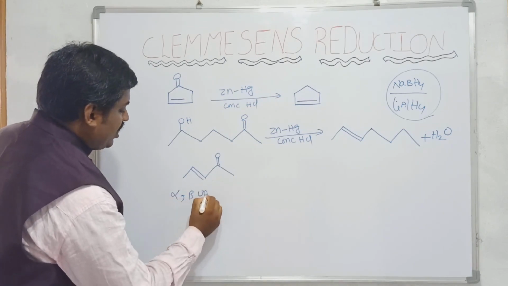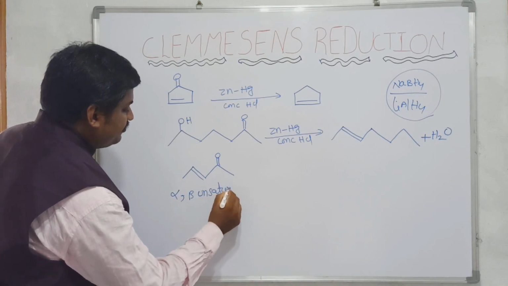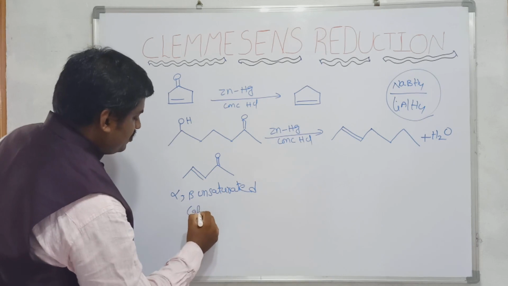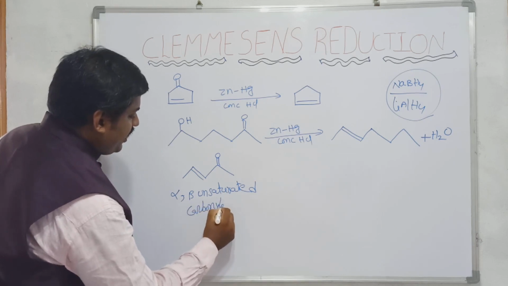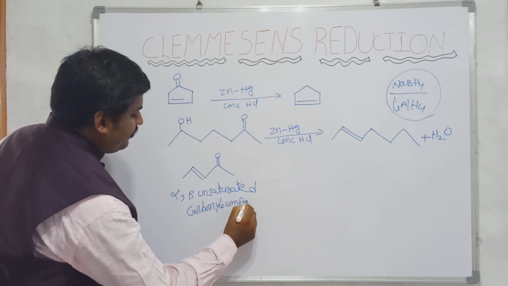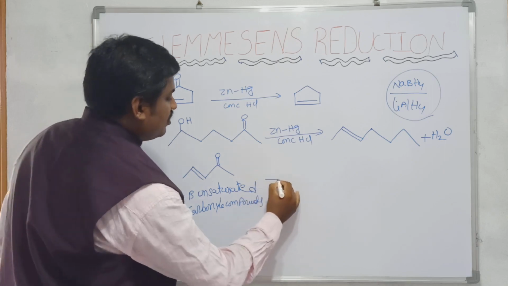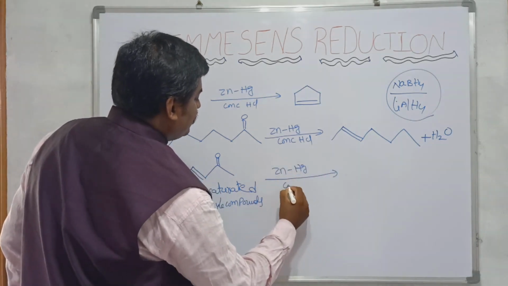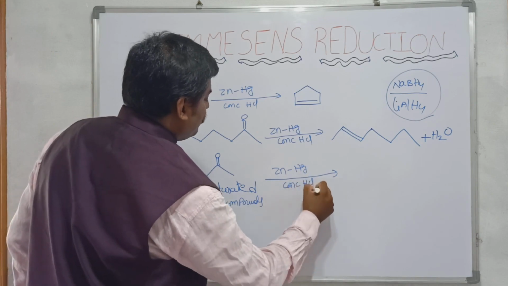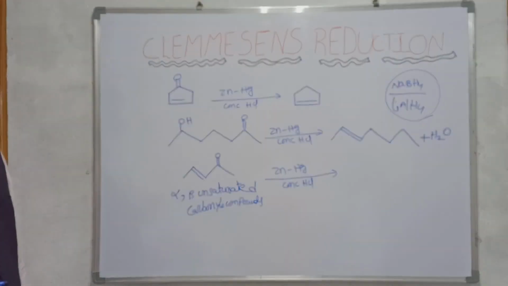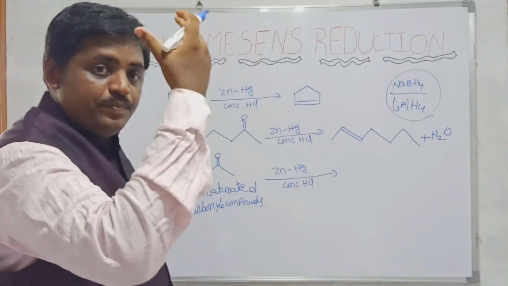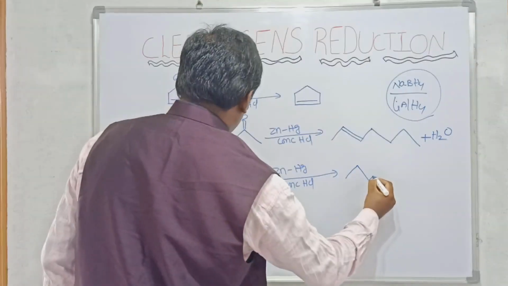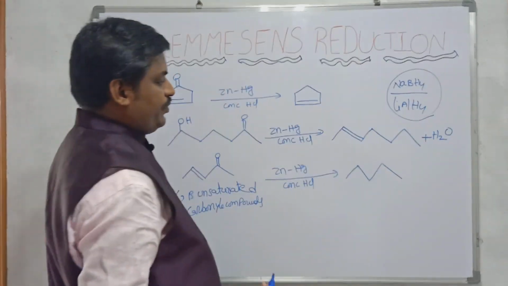Alpha beta unsaturated carbonyl compounds react with zinc amalgam and concentrated hydrochloric acid. These molecules are completely converted to pure alkanes.